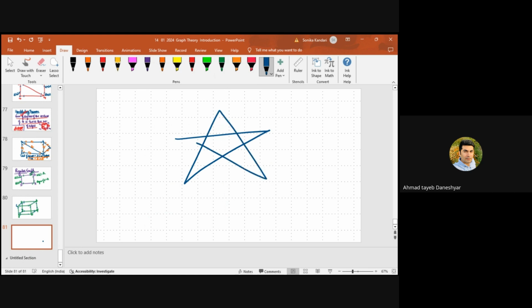So these are the graphs. Let me draw the first graph.